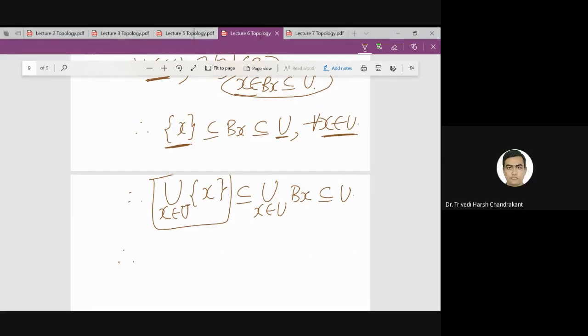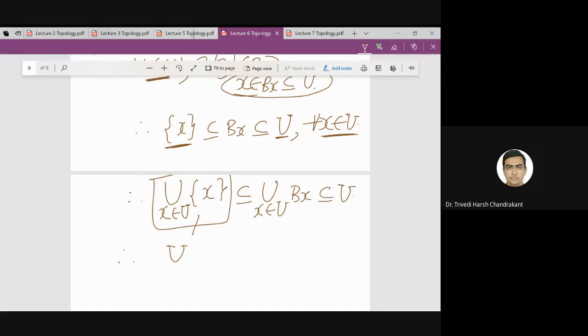Yes, what is the answer? I could not hear. Yes, so that is the full set U, right? If I take the union of each element of the set, then I will get the same set. So this is exactly U. Just to differentiate, I am writing U in this way, otherwise there will be confusion with union.